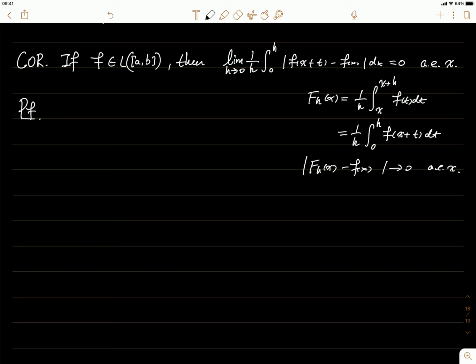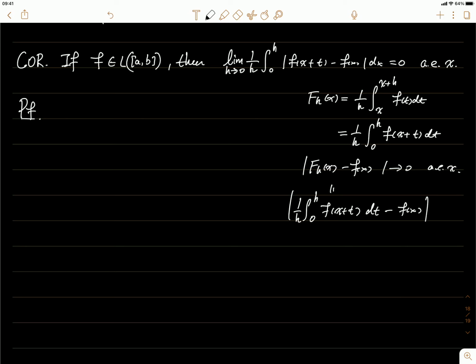Okay, so if we put this in, we get the integral from 0 to h of f(x plus t) times 1 over h. That's the first term, and then minus f of x, right?